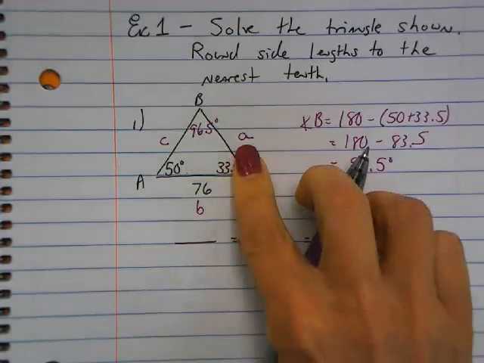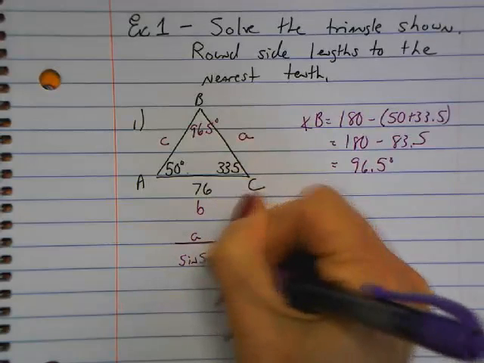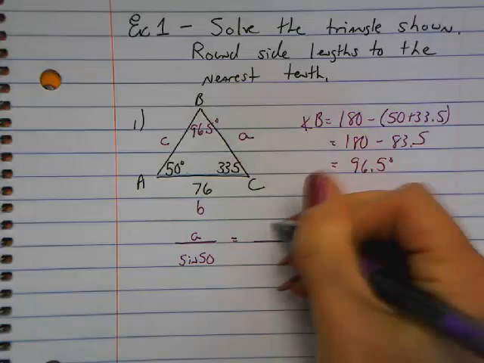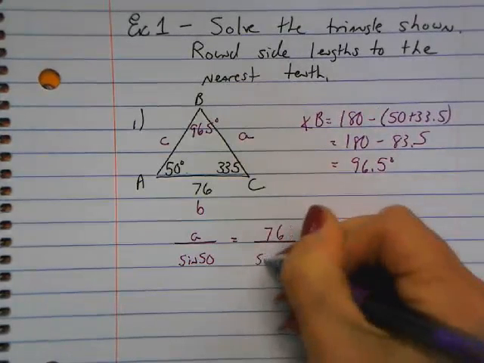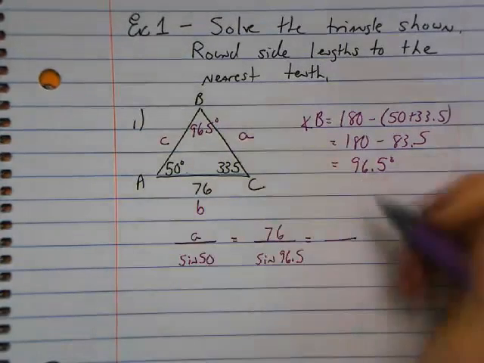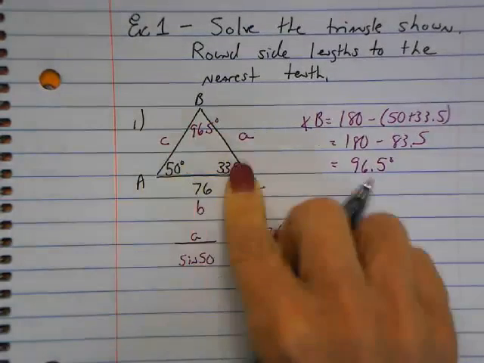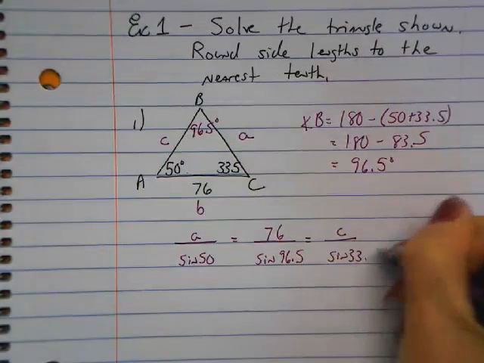Little a over sine of 50 equals 76 over the sine of 96.5, and c over the sine of 33.5.